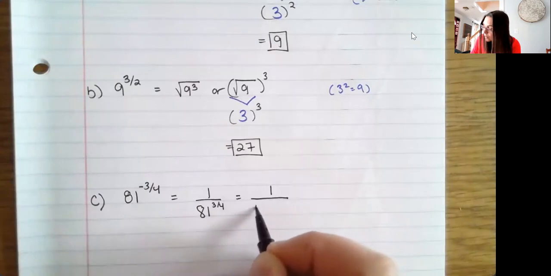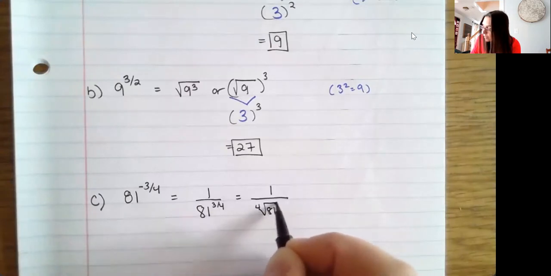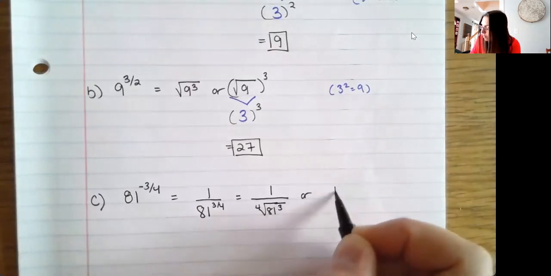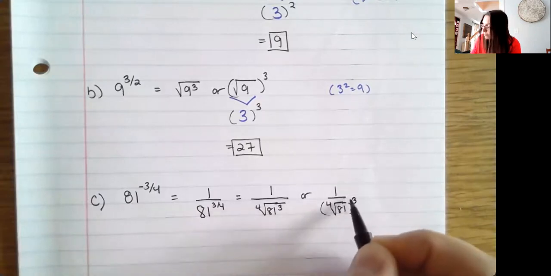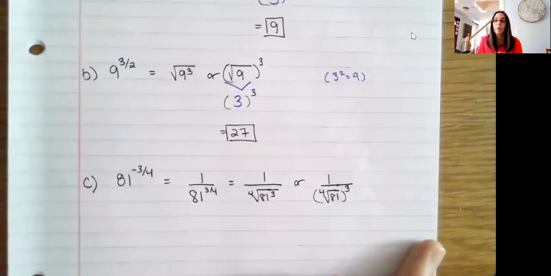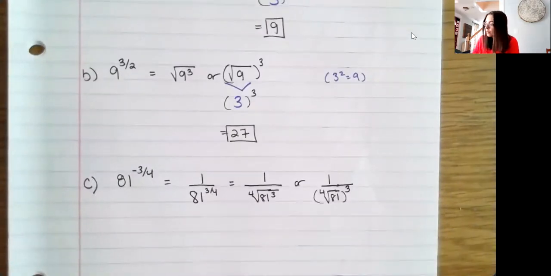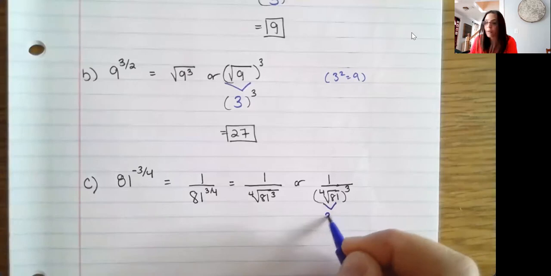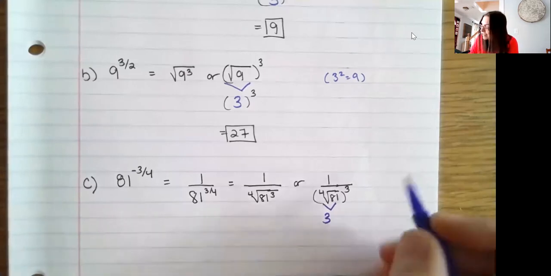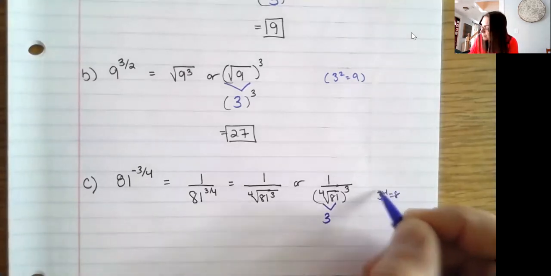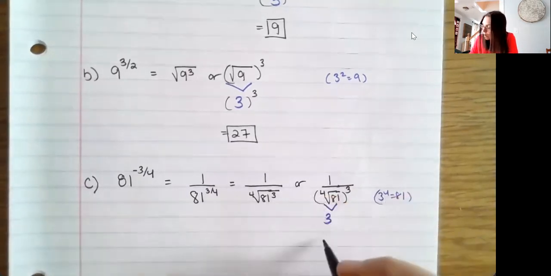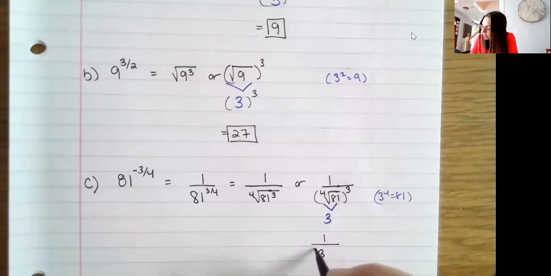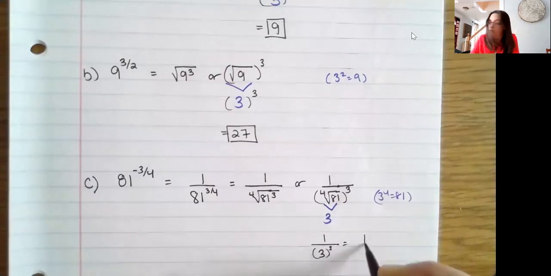So this is the 4th root of 81 to the 3rd power. Now, again, we can actually simplify this. The fourth root of 81 happens to again be 3. 3 is a popular number right now because 3 to the fourth is 81. So I'm going to use this version instead, and I get 1 over 3 cubed, which is 1 over 27.